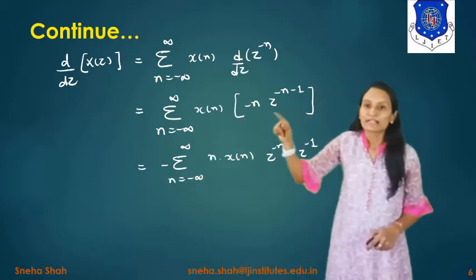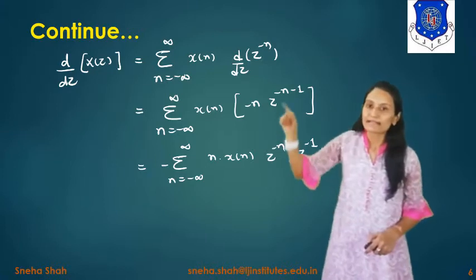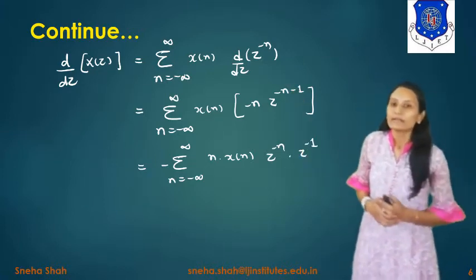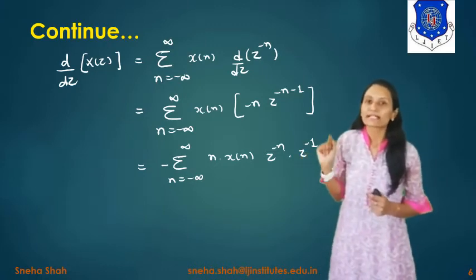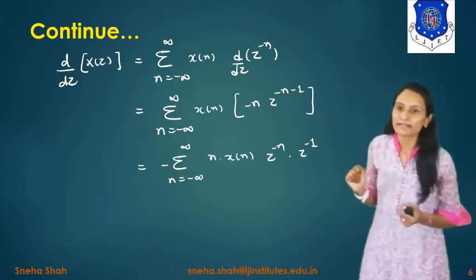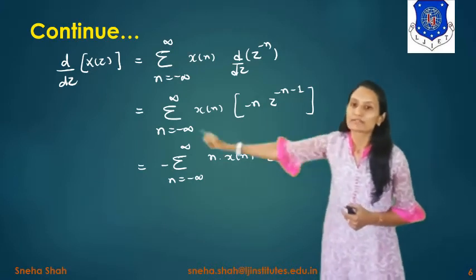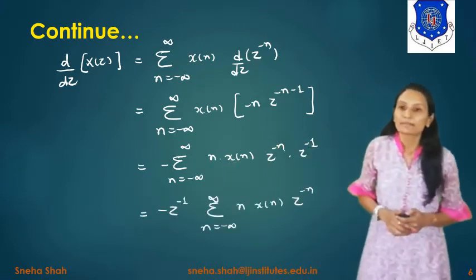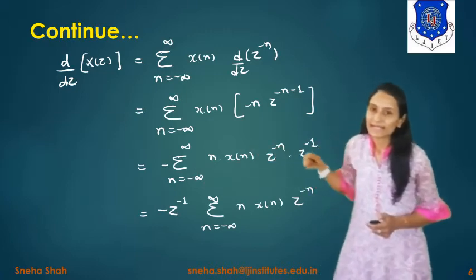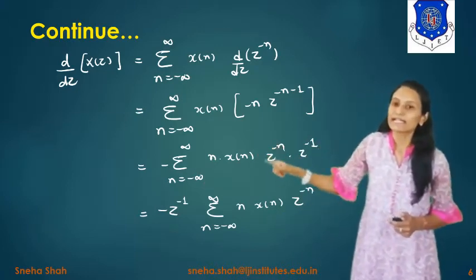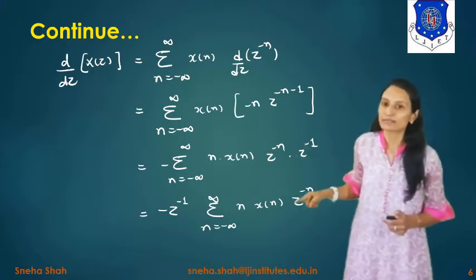So this term will convert in the form of z raised to minus n and z raised to minus 1. Okay. Now the z raised to minus 1 term will be considered a constant with respect to the summation of n. So this term goes outside of this summation. So it will be represented like minus z inverse summation n equals minus infinity to infinity n into x of n z raised to minus n.